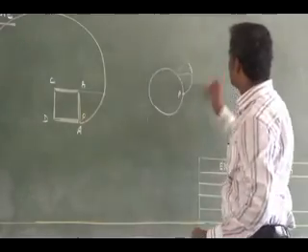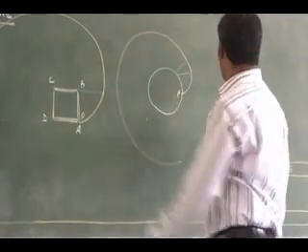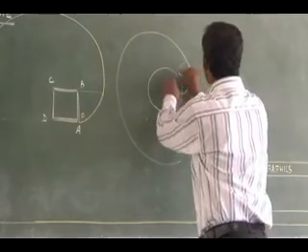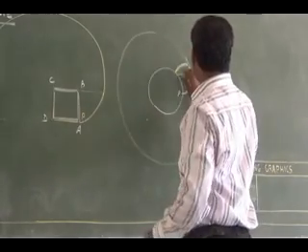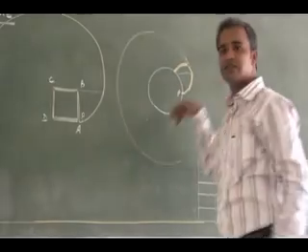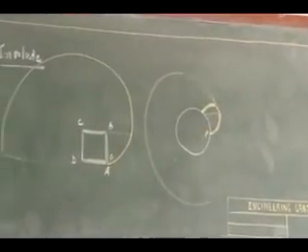Okay, this part. So similarly, the involute of this will be like this. And this part is nothing but the involute. So this profile is nothing but my gear teeth profile.